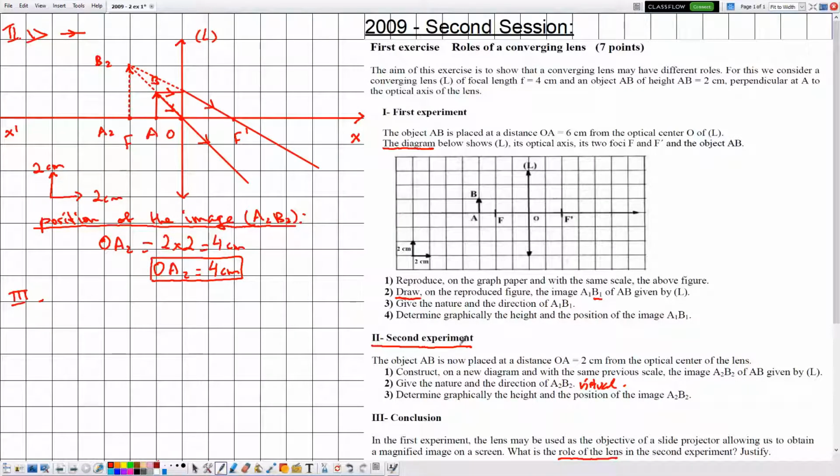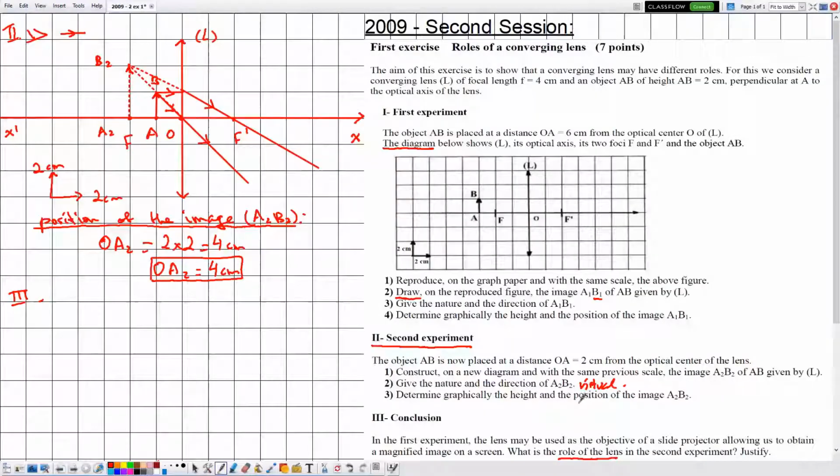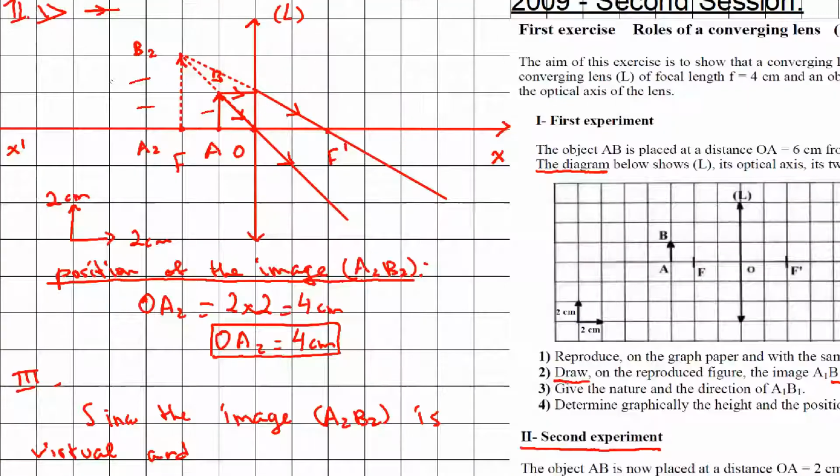Notice that here the image A2B2 in the second experiment is virtual, and moreover the image A2B2 consists of 2 divisions, while the object AB consists of 1 division, which means that the image is larger in size.